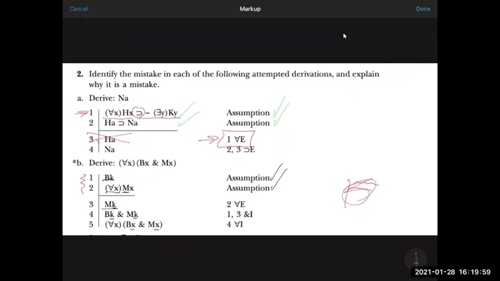By the way, K is right there. So right away, you know that you can't do universal introduction on this line. So technically then the line that's illegal is line 5. So that's that one.